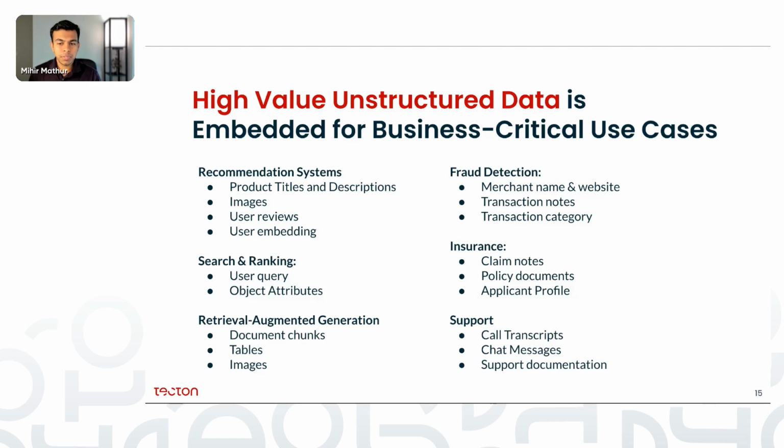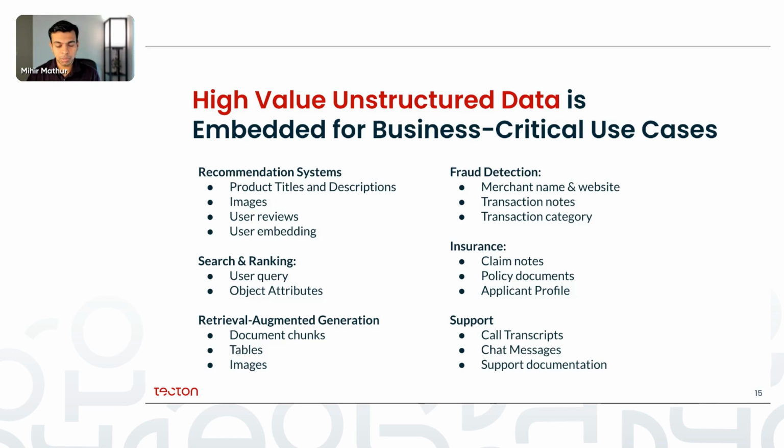Just to generalize, we looked at a few specific examples, but to generalize on what people are embedding, there are a few different things among many others that are the most common. For recommendation systems, whatever you're recommending, you can embed the titles, descriptions, the images, user reviews, or even the user itself.